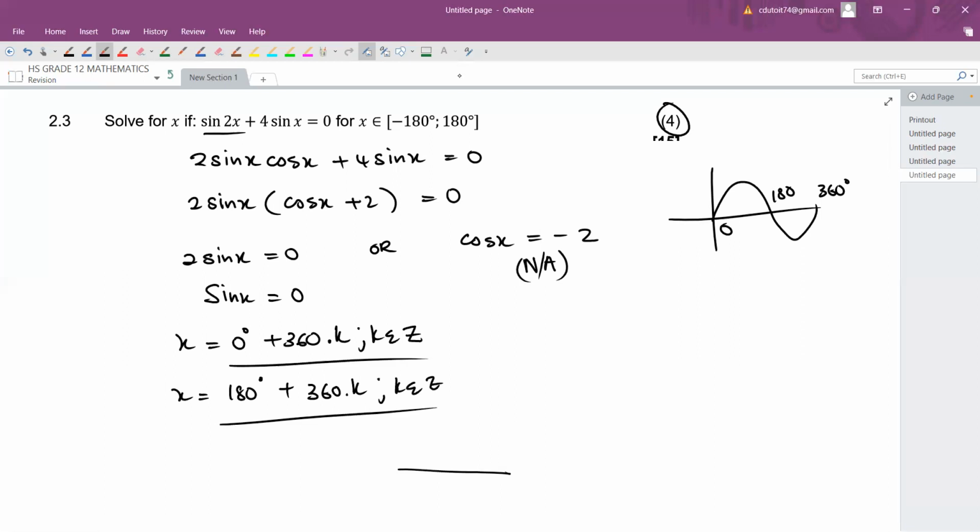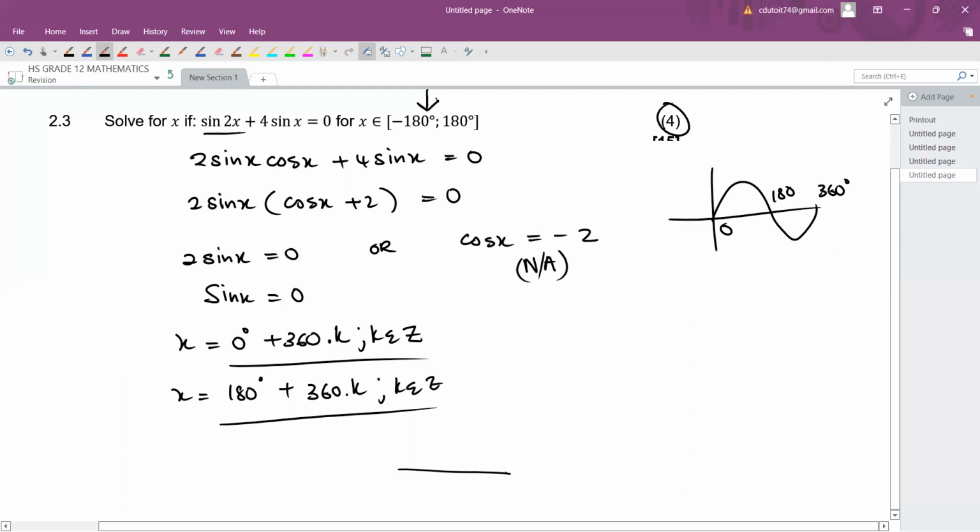But they want to solve between negative 180 and 180. What does that square bracket mean? Does that include or exclude? It includes. So it's the same as x smaller or equal than 180, larger or equal than negative 180. So let's find those solutions. I can have 0 degrees if k is 0. If k is 0 at the bottom one, I can have 180 degrees.